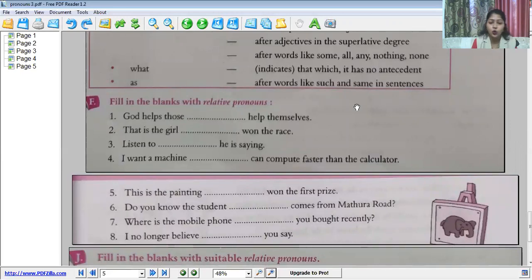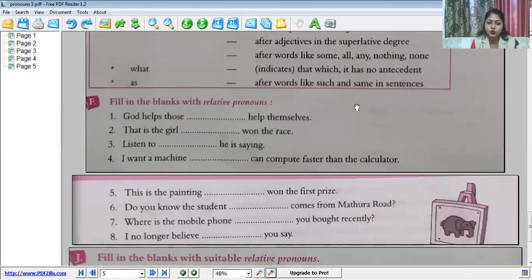Listen to what he is saying. I want a machine which can compute faster than the calculator. This is the painting that won the first prize. Do you know the student who comes from Mathura Road?